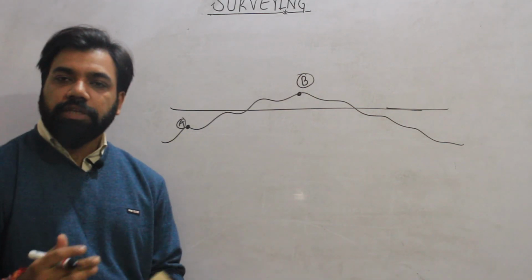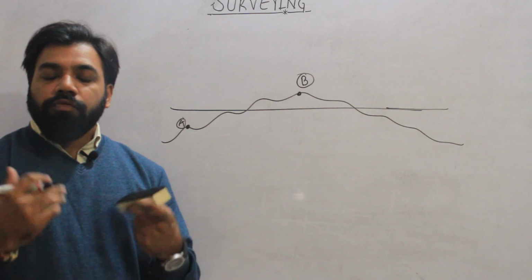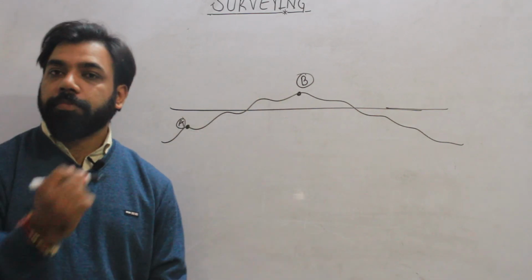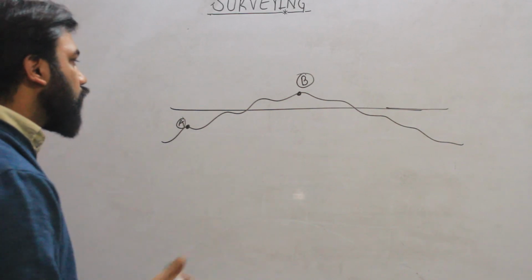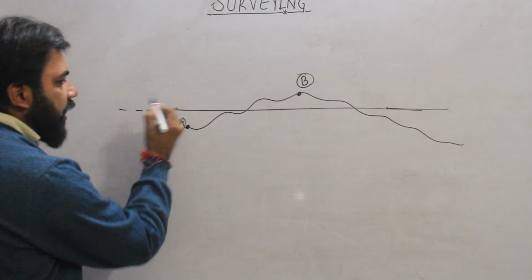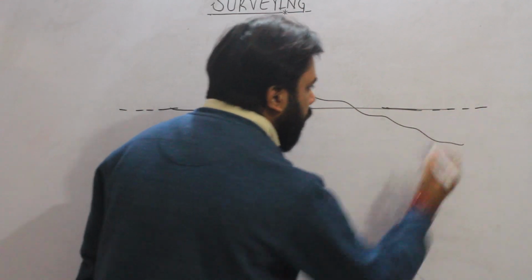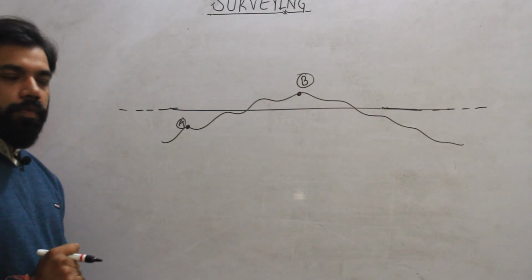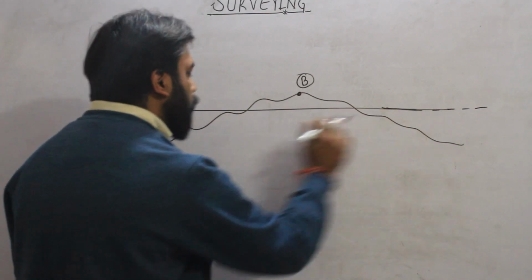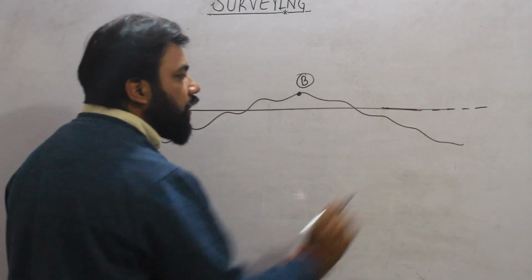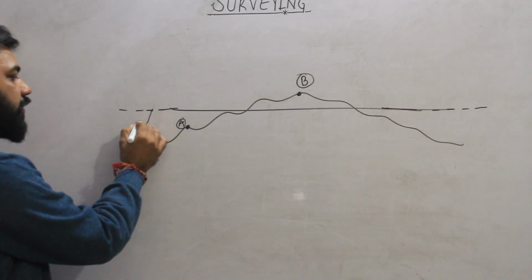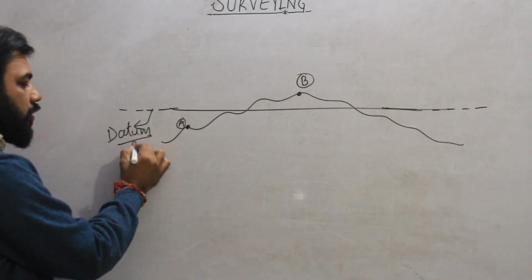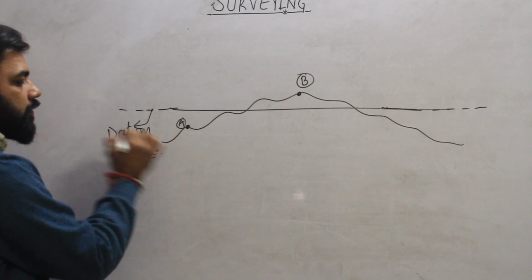Now we want to see at which level the point A is and at which level the point B is. Suppose we are taking this straight line as a datum, or a line passing through the surface of the earth, and we are considering this line as datum or reference.